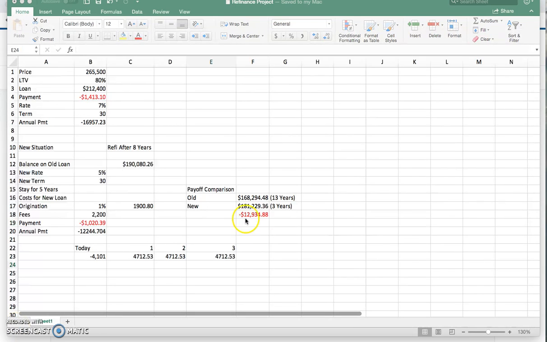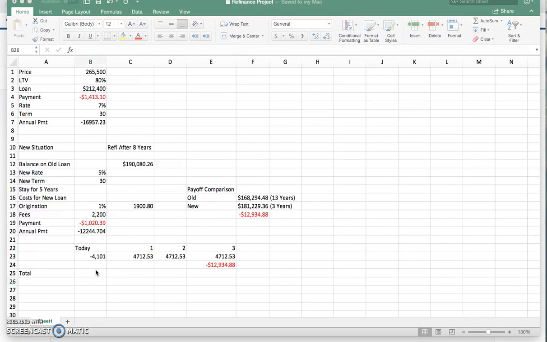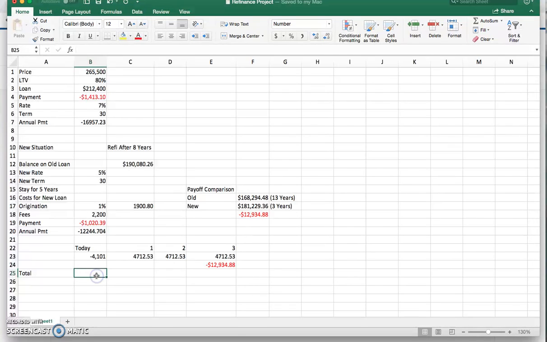So I'm going to drag this value down to here and sum up the values for each of the 3 years. Do the sum function. Well, I don't know why it didn't work. There we go. And then drag it across for the 3 years.